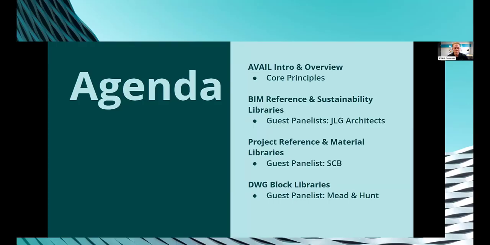And then to finish things off, I've got Rebecca Yu over at Mead Hunt. They've been an early adopter. You may have seen some of the communication. We've been pushing forward to release a new add-in for AutoCAD and Civil 3D, which broadens our support over block libraries and DWG files. Mead Hunt has been very influential in some of that development and feedback. So I'm going to pass that over to Rebecca.